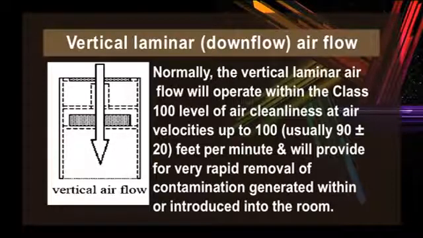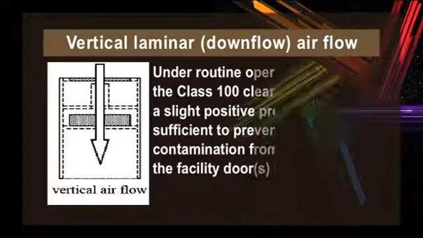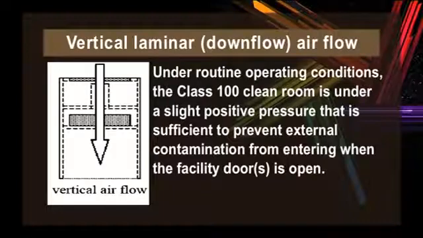Normally, the vertical laminar airflow will operate within the class 100 level of air cleanness at air velocities of 100, usually 90 plus or minus 20 feet per minute, and will provide for very rapid removal of contamination generated within or introduced into the room. Under routine operating conditions, the class 100 clean room is under a slight positive pressure that is sufficient to prevent external contamination from entering when the facility doors are open.